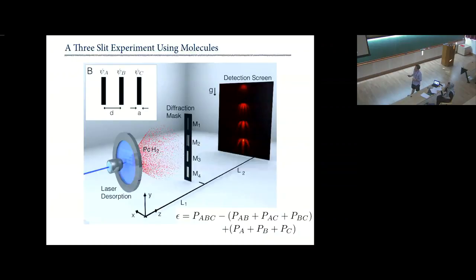Actually, to see any sort of reasonable fringe pattern further down our interferometer, we need the separation between these slits to be on the order of tens to hundreds of nanometers. So this is quite restrictive when it comes to covering slits. For our particular experiment, we decided that we would cut individual slits into the mask and just rely on the quality of our fabrication in order to compare the different contributions from triple, double, and single slits.